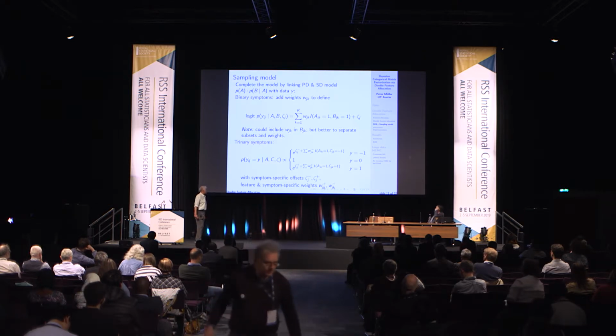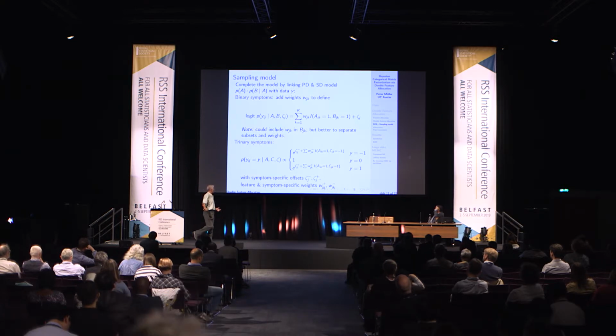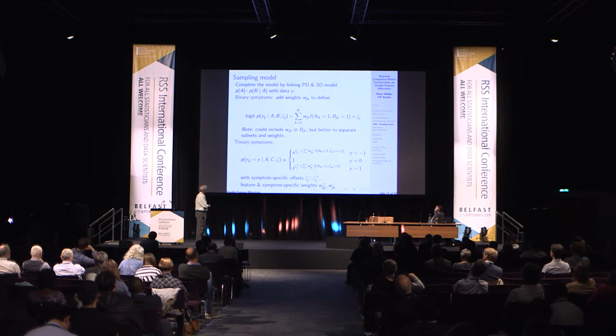And if it is linked, how strongly is it linked? For trinary symptoms, in one-line summary, you can do the same. This is simply a log linear model for that categorical outcome. So if J is a trinary symptom, on the right-hand side there's essentially a log linear model.